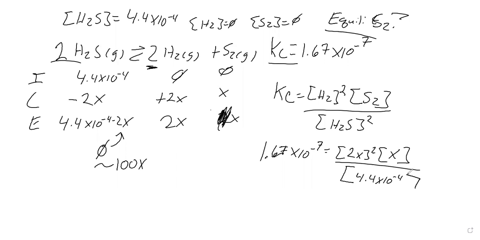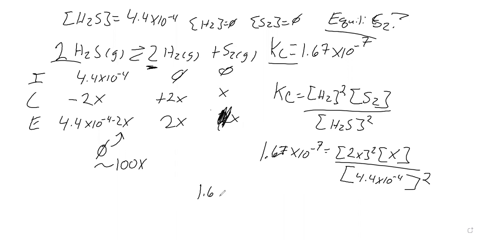So that means on the bottom, I can just put 4.4 times 10 to the minus 4 squared. I'm basically saying this minus 2x is actually equal to 0. From there, we can solve, and we're solving for x. So I'm going to multiply each side by 4.4 times 10 to the minus 4 squared.